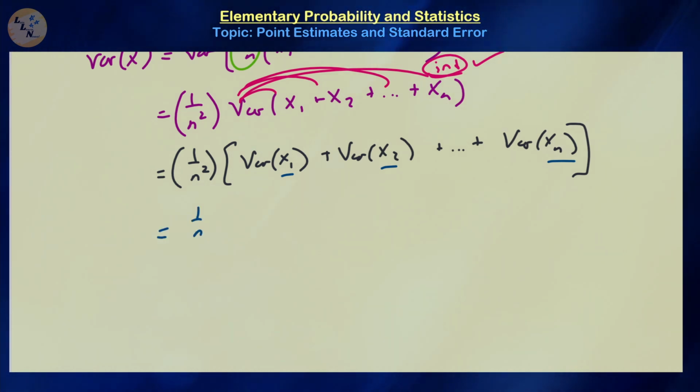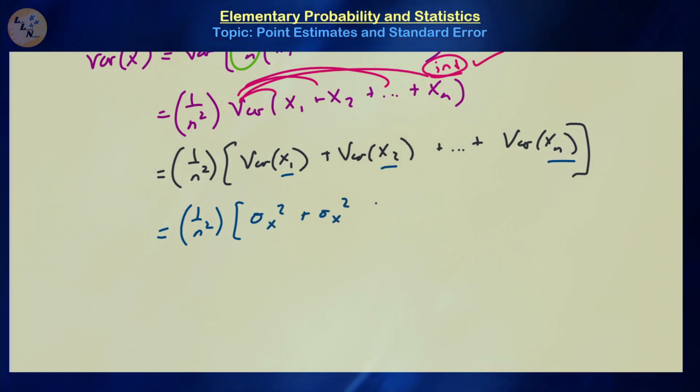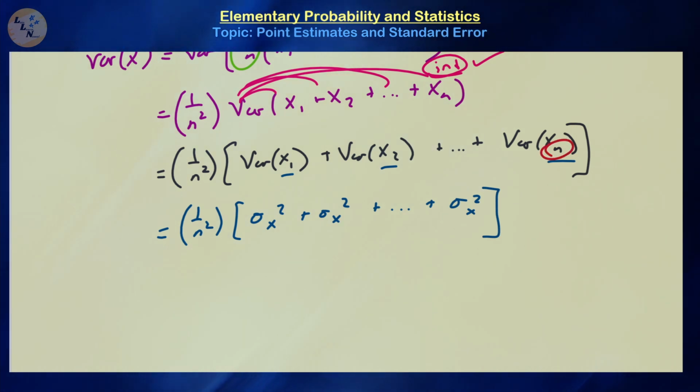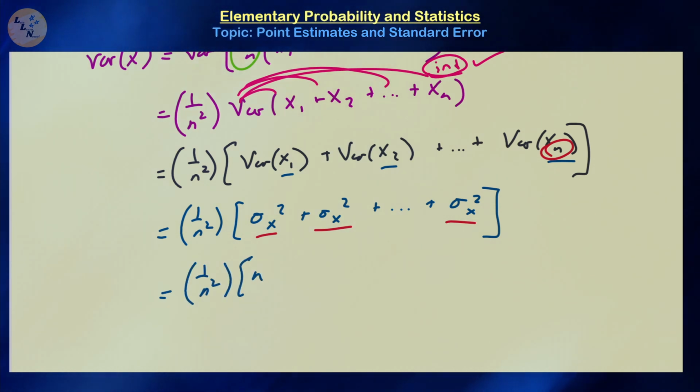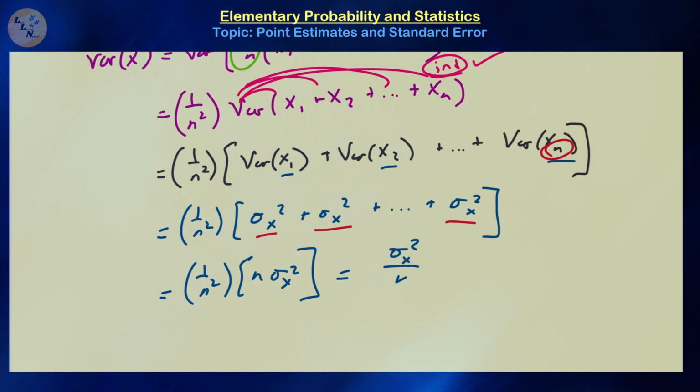So that's going to be equal to 1 over n squared times sigma x squared plus sigma x squared all the way down to sigma x squared. There's again n of these values that we have. So that's going to be equal to 1 over n squared times n times sigma x squared. The n's do cancel and you're just left with sigma x squared divided by n. That is the variance.